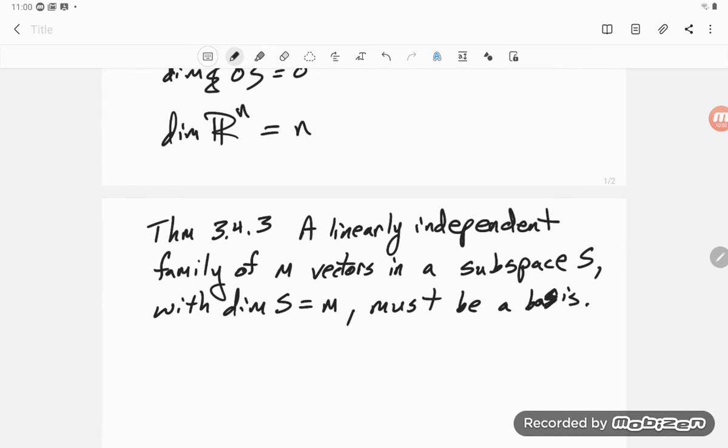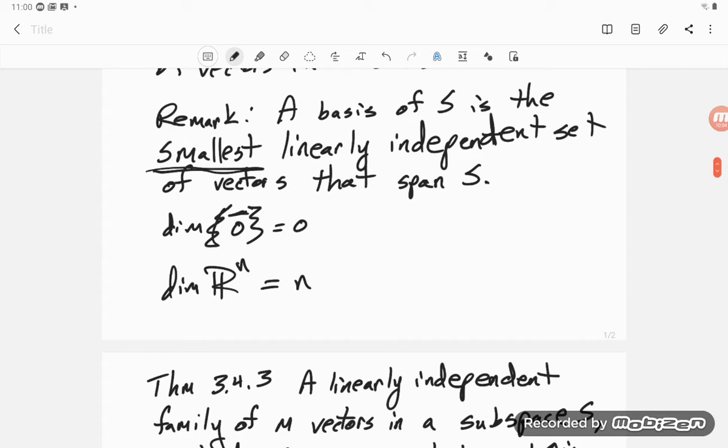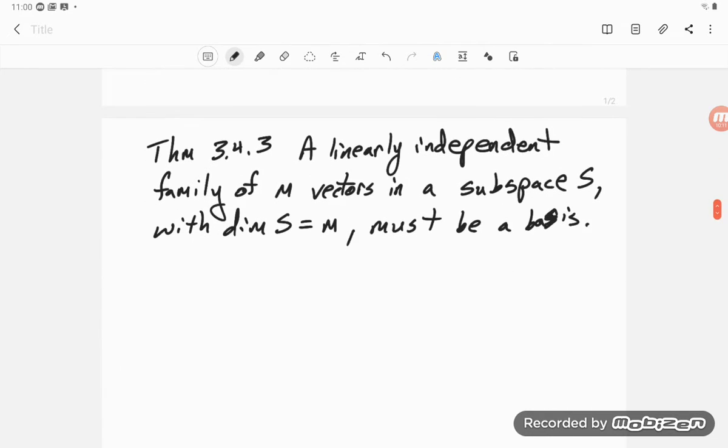Okay, and that goes back to the remark here, that a basis of S is the smallest linearly independent set of vectors that span S. So if I know dimension of S is m, then the proof is going to be based on that and the fact that all my bases are the same size.